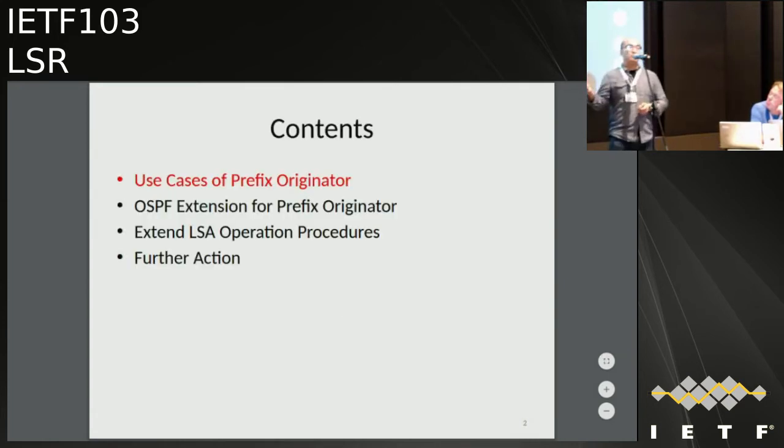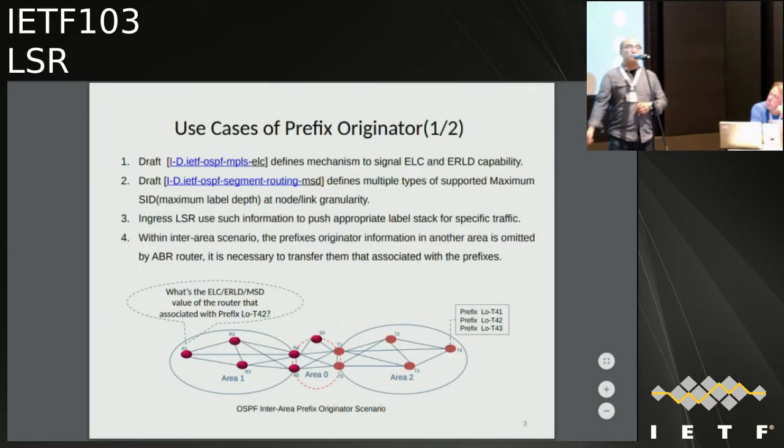Okay, we will go through the use cases for this new TLV. The first use case is that we can use this mechanism to retrieve the entropy label capability or the MSD information of the source router, which is in another area, because when the OSPF LSAs traverse multiple different areas, the source router information will disappear.